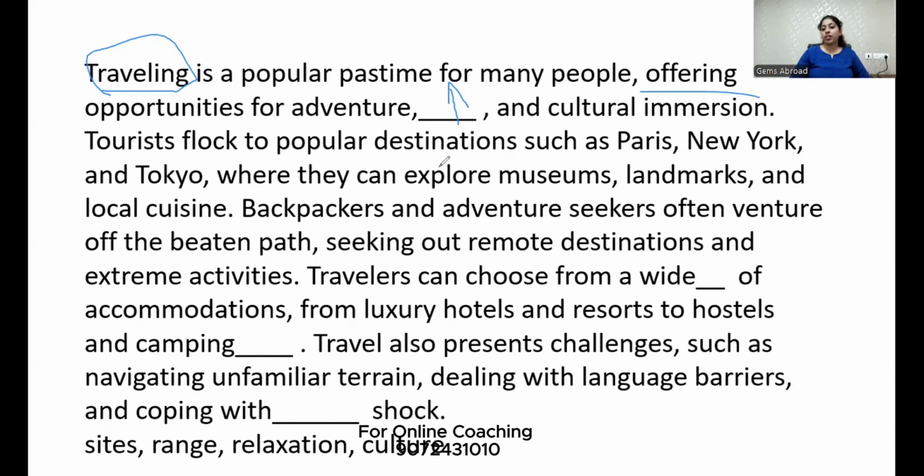Tourists flock to popular destinations such as Paris, New York, Tokyo, where they can explore museums, landmarks, and local cuisine. Backpackers and adventure seekers often venture off the beaten path, seeking out remote destinations and extreme activities.